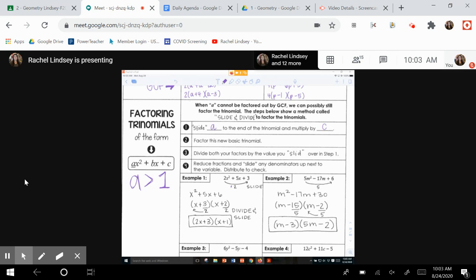And that's going to be the new c. Then you factor it like normal. Two numbers that multiply to give you 6 and add to give you 5 are 3 and 2. And then you do a divide. You divide by what you slid. And then, if it does not simplify, like this right here didn't simplify, you just slide that denominator back in front of the x to make it a coefficient.